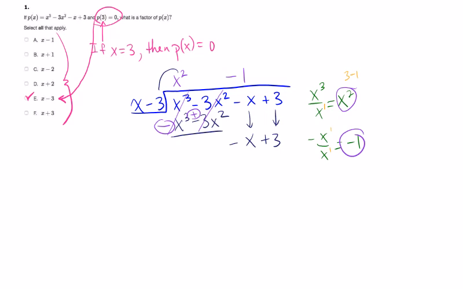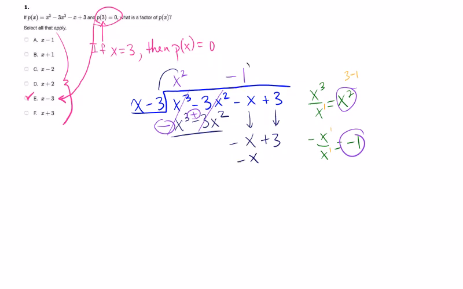Alright, so remember, once we get that number on top, now we're going to multiply that by this and by this, right? So let's do that. Alright, so I'm going to do negative 1 times x, which is negative x. Right, so I did this times this, and that got me this.